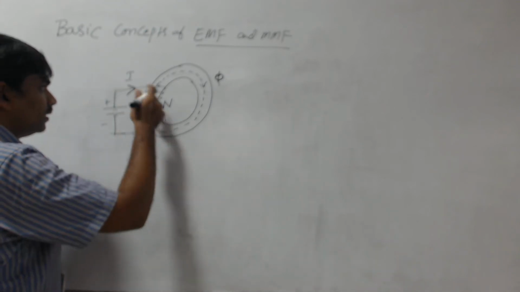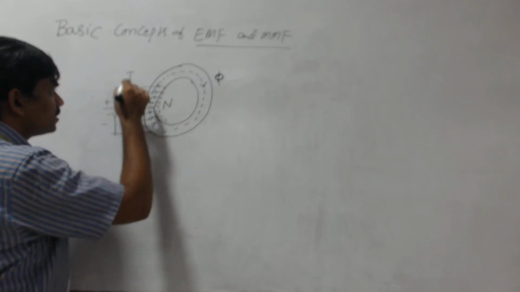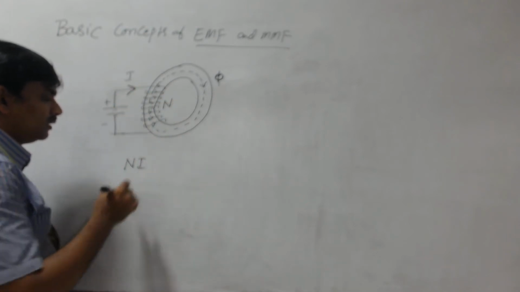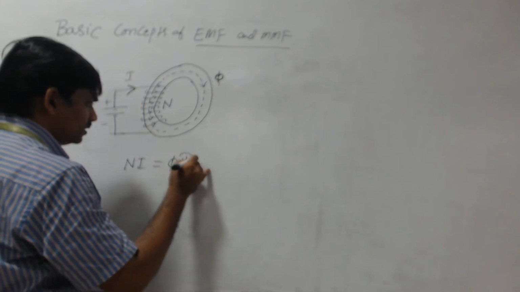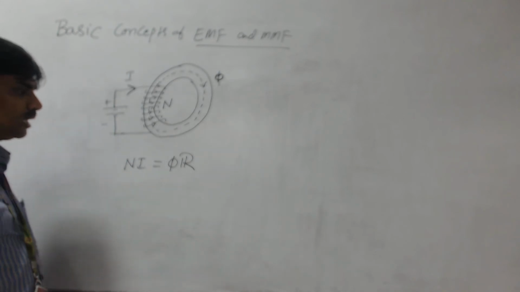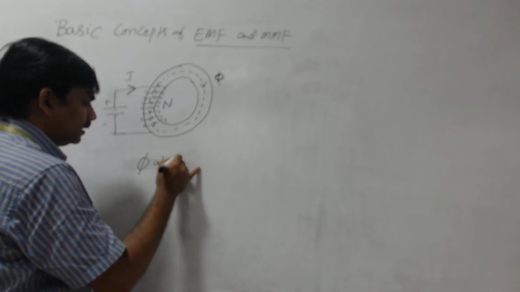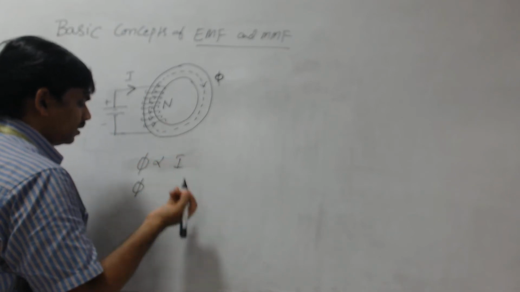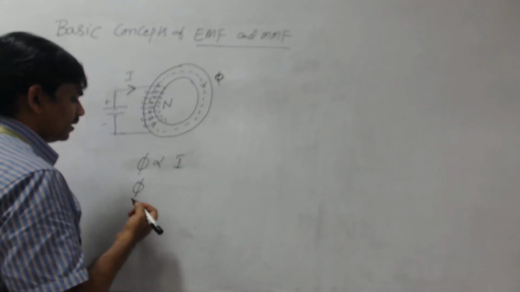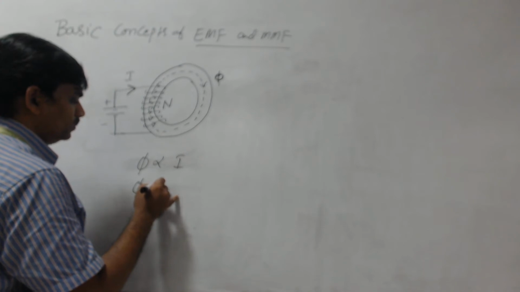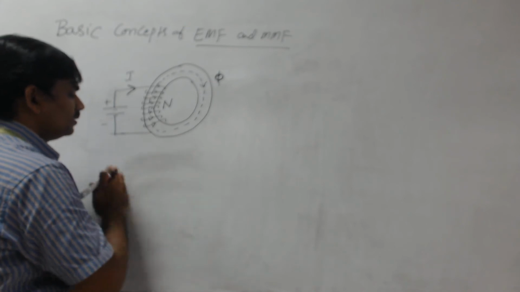So here the cause is N number of turns and current I, passing the current, NI. That NI is equal to flux into reluctance. Otherwise, flux is proportional to I, and also proportional to the N number of turns.